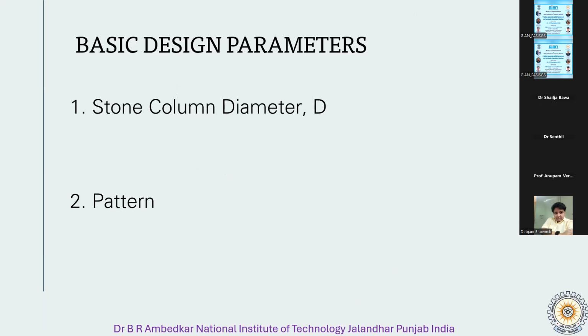So now I will focus on the basic design parameters of a stone column. Installation of stone columns in soft cohesive soil is actually a self-compensating process. Self-compensating process means the softer the soil, the bigger is the diameter of the stone column.